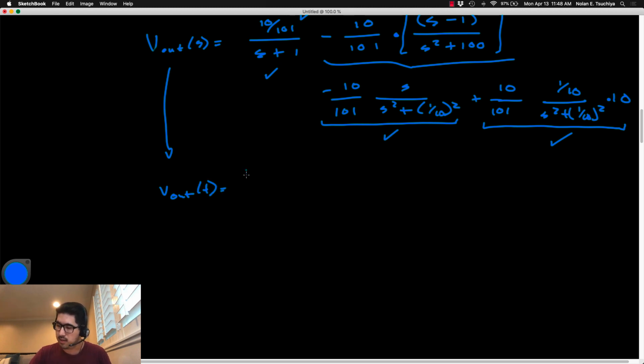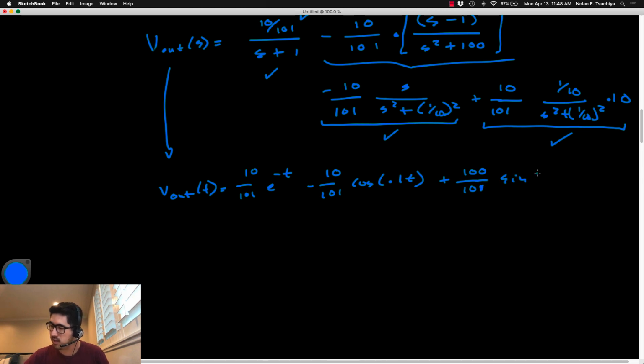So we can now compute V out of t. From the first term we get 10 over 101 e to the minus t. We're going to have a minus 10 over 101 cosine of 0.1t, plus 10 times 10, that's 100 over 101, times sine of 0.1t.